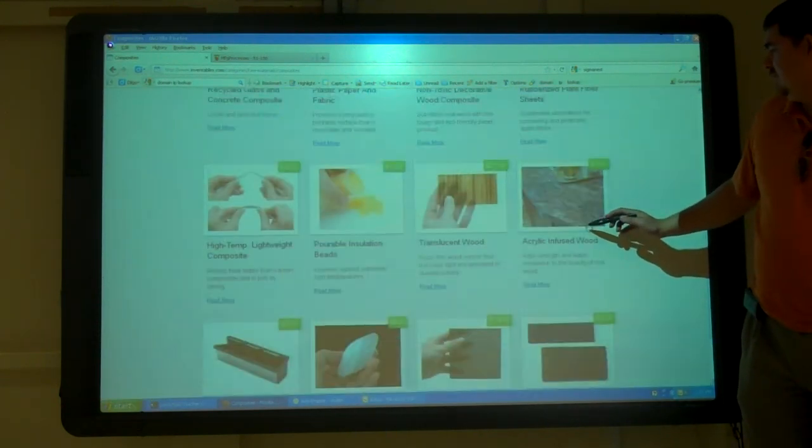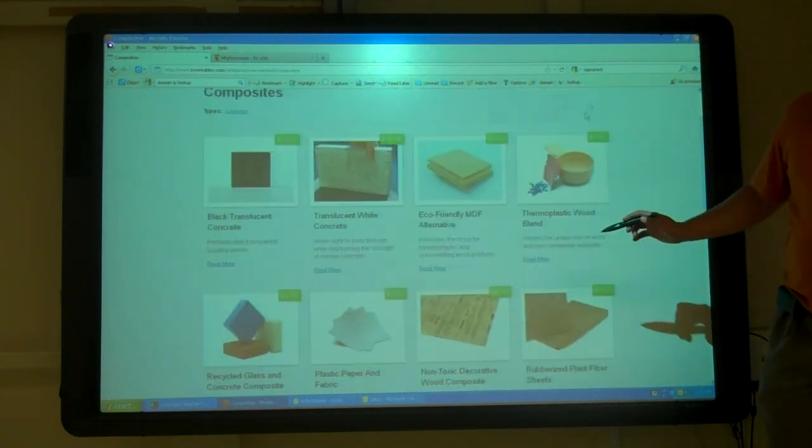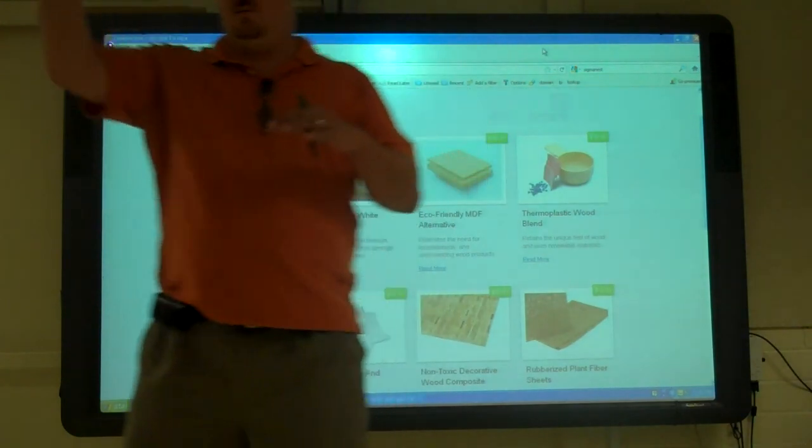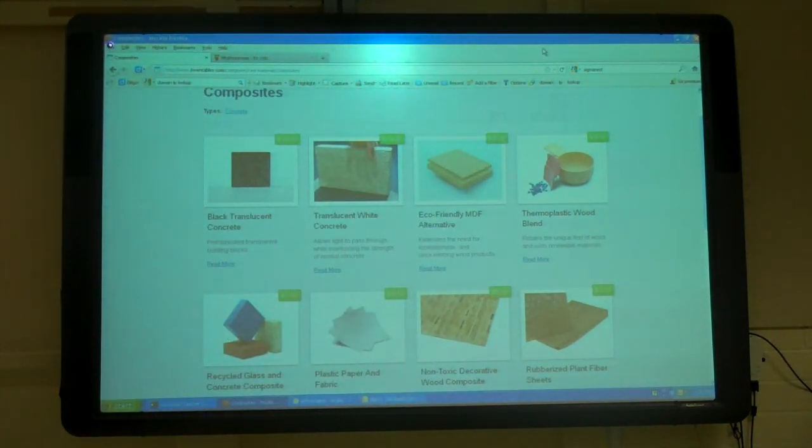They have, not here, but they have permeable concrete that water can soak through. So changing existing materials in a way that's different. So lots of new types of materials engineering. That's a whole field of engineering in itself, just changing how the materials are used.